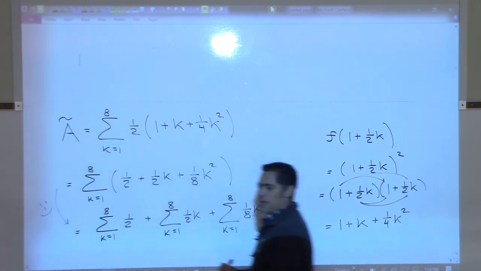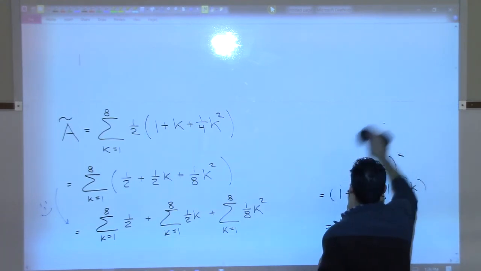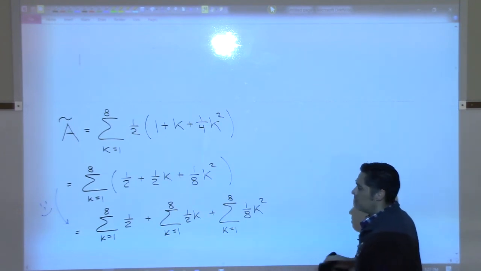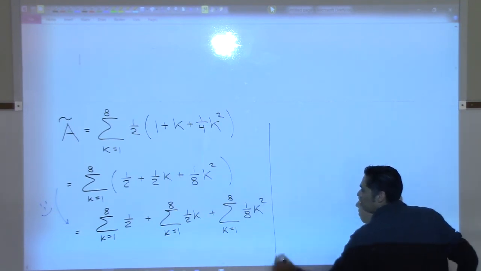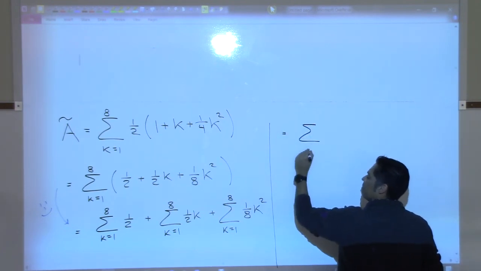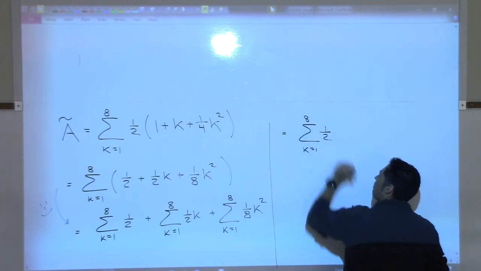I'm telling you that's okay for us to do. And then there's one more thing that we're allowed to do that I'm going to tell you is okay for finite sums, and that is any constants you have can come out of the sum in front. So my next line is going to look like this. Sum. Bear with me. I'm going to leave that 1/2 there.